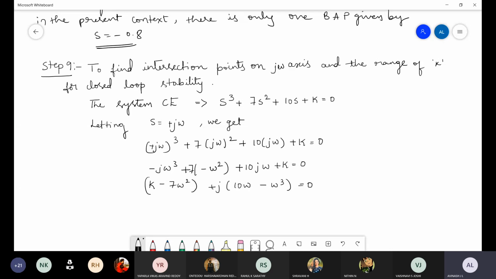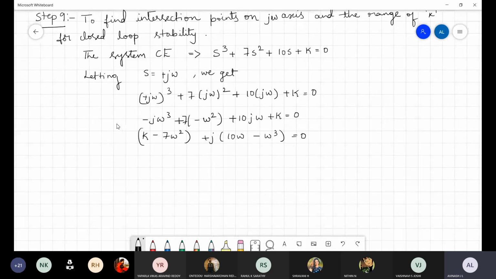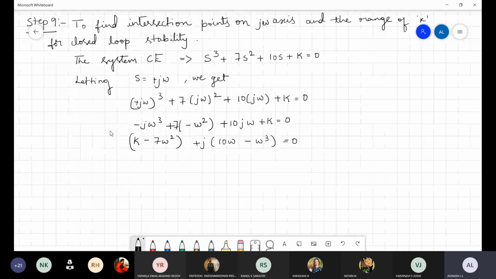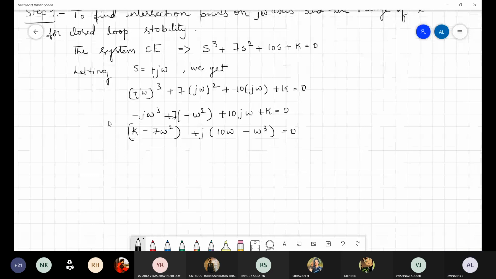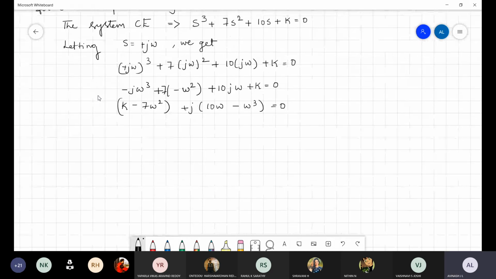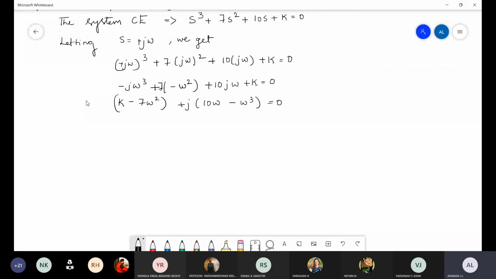This is the separation of the real part and the imaginary part. I hope everybody got this. Now we will write one condition.